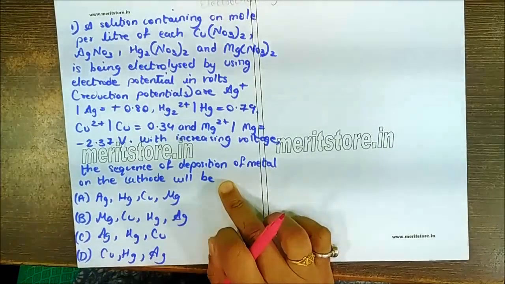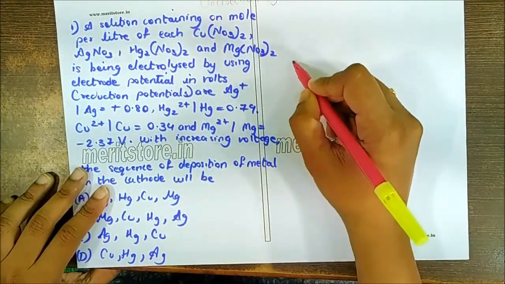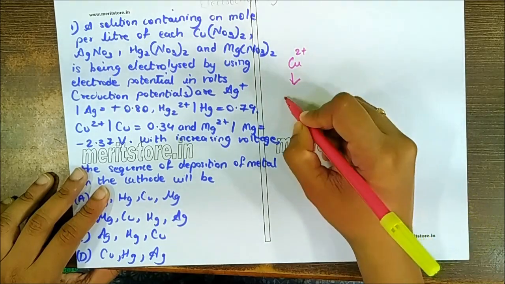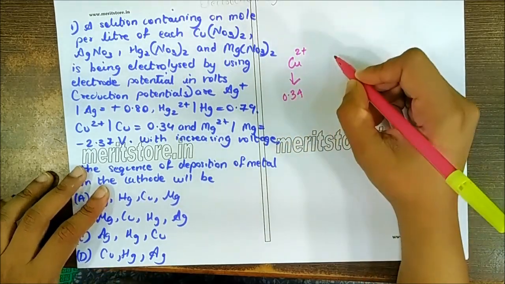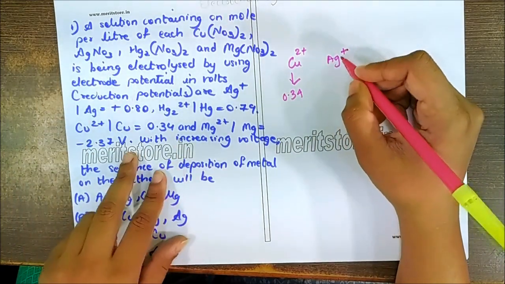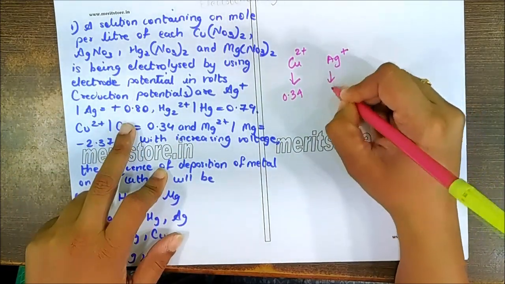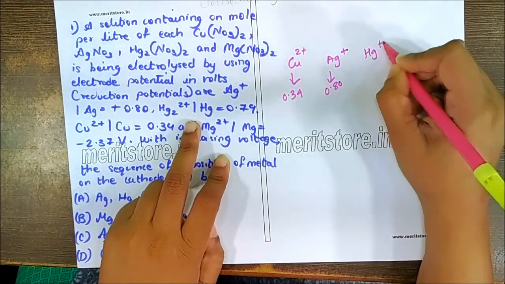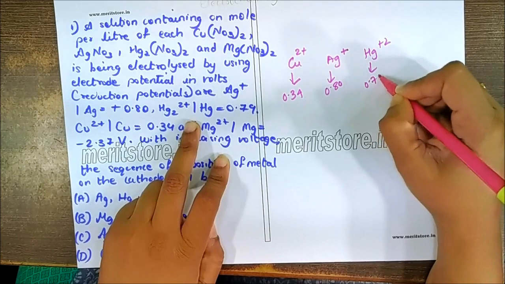Now in this case, the first is copper with the 2+ charge, having a voltage of around 0.34. Then we have silver with the +1 charge, with the value of 0.80. And we have mercury with the +2 charge, that is 0.79.